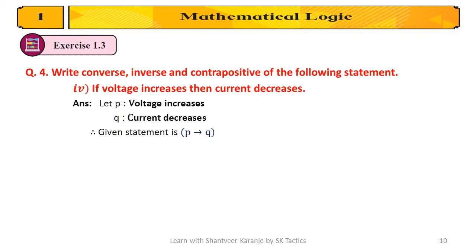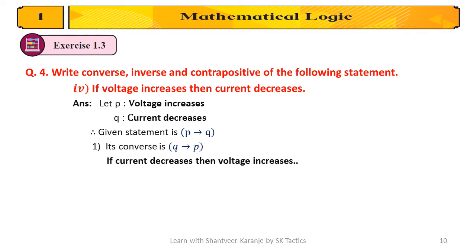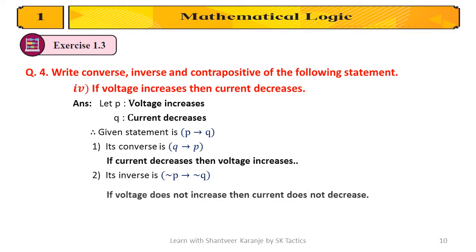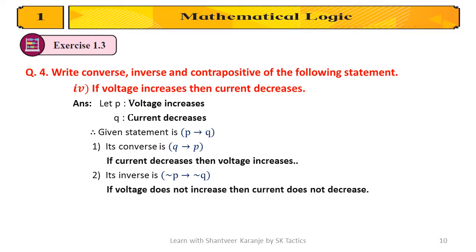So the given statement pattern is in the form of P implies Q. Its converse, Q implies P, is: if current decreases, then voltage increases. Its inverse, negation of P implies negation of Q, is: if voltage does not increase, then current does not decrease.